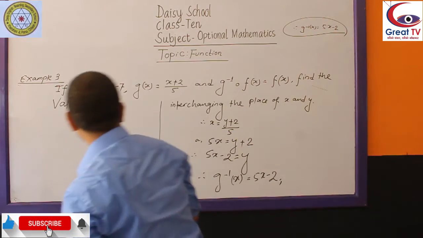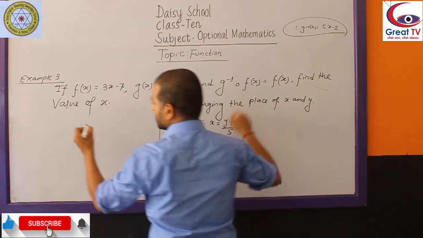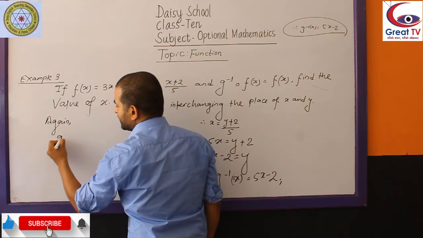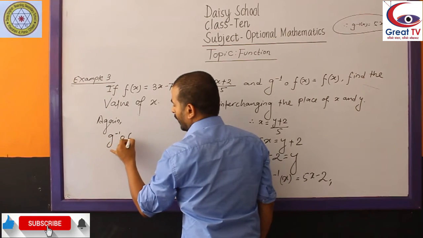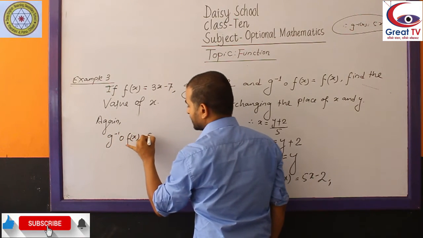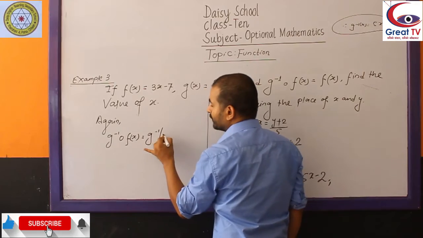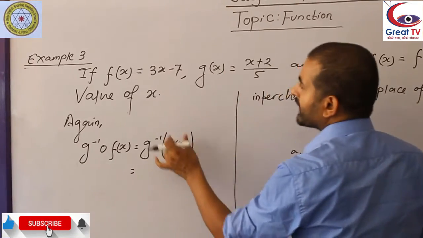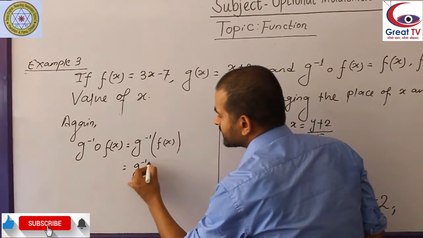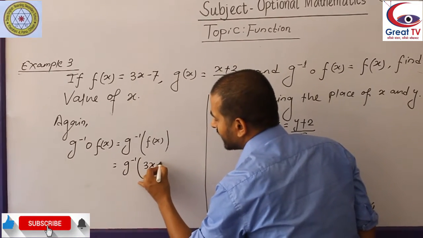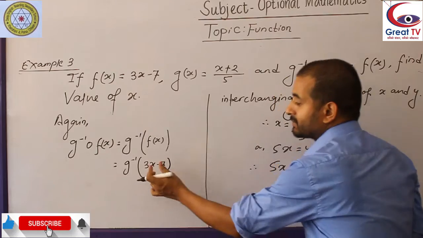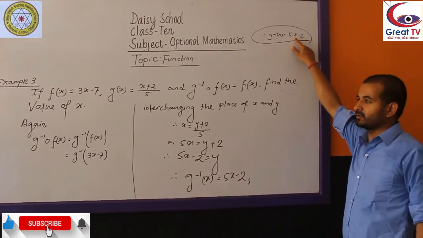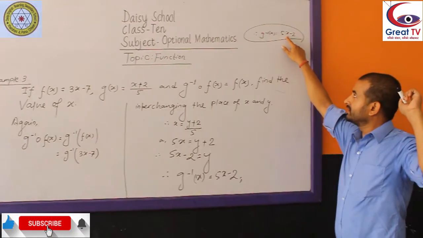Now what we have to use here is again g inverse o f(x). That is, f(x) will be the input for g inverse. Now g inverse has the input 3x minus 7. Now let's apply the process of 3x minus 7 on the function: x minus 2. Don't forget what we got there: g inverse of x is 5x minus 2.